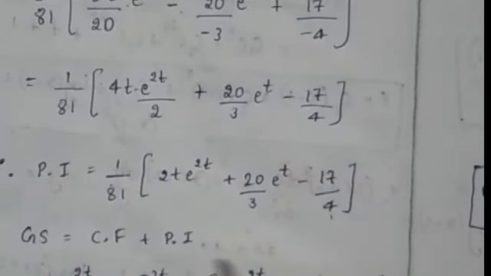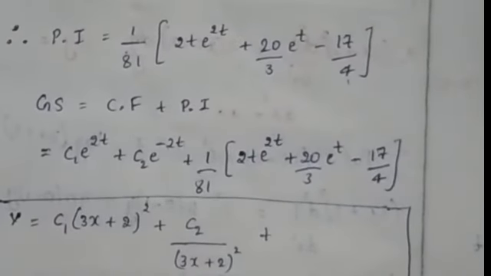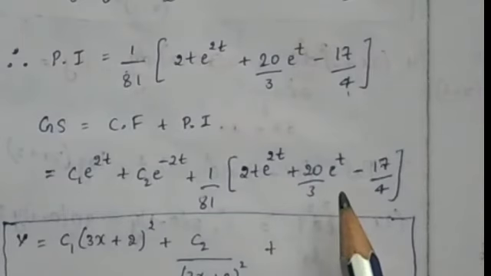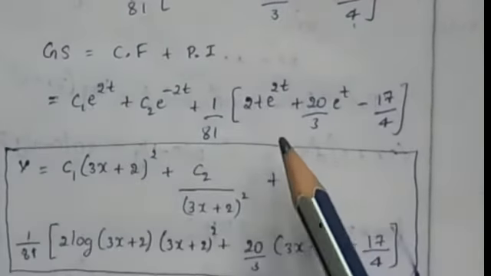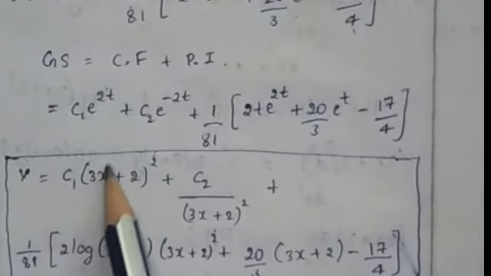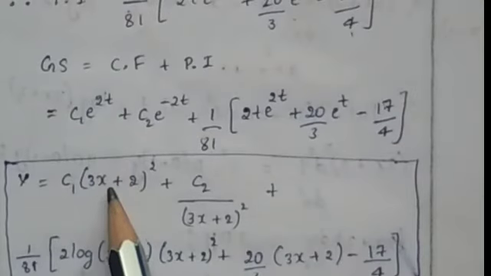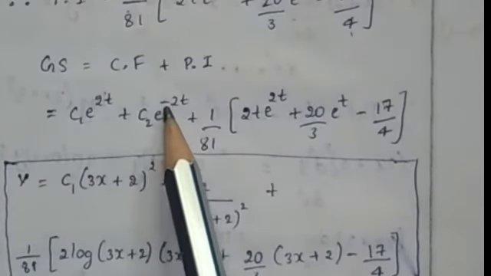Next we find the general solution. General solution is equal to the complementary functions plus particular integrals. You add both complementary functions and the particular integrals, then substitute e power t and t value. So y is equal to c1 into e power 2t, e power 2t is 3x plus 2 whole square, plus c2 e power minus 2t.